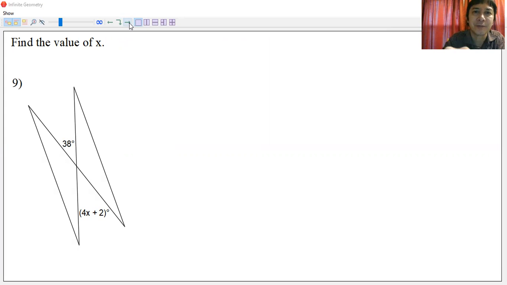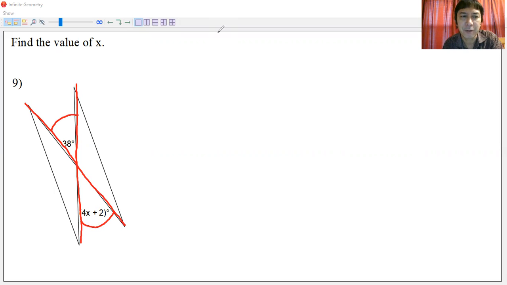Why? Because this line intersects with this line. And so this angle is equal to this angle. And one of the angles is given measurement, and that's 38. Therefore, the 4x plus 2 is also 38.